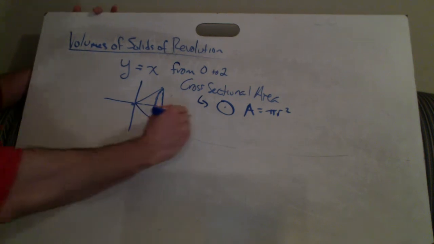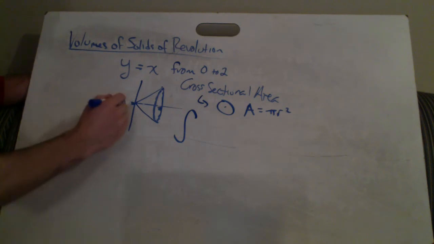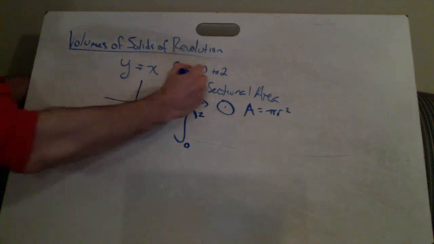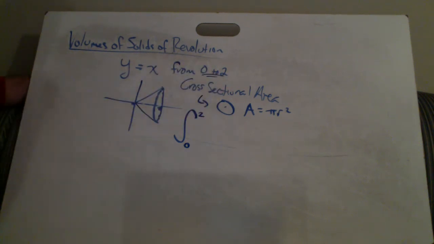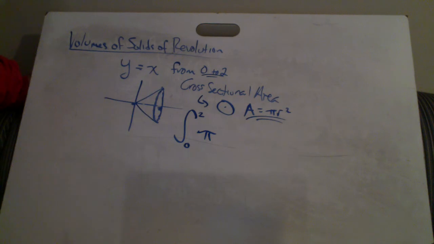All we're going to do is take an integral. This will add up all of the infinitely thin areas. The integral will go from 0 to 2, since I decided to bound it from 0 to 2. The function itself should be pi r squared, right? We're adding up all of these areas. And the question is, what's r?